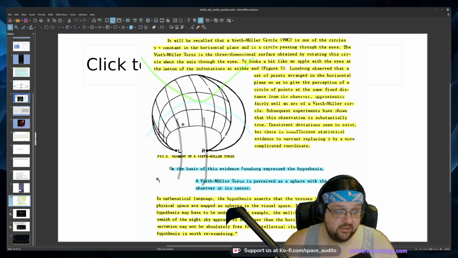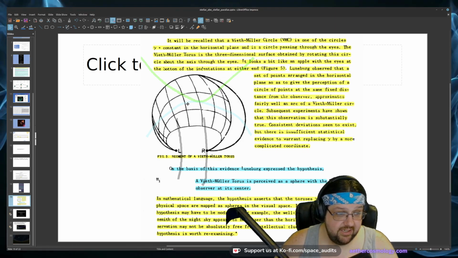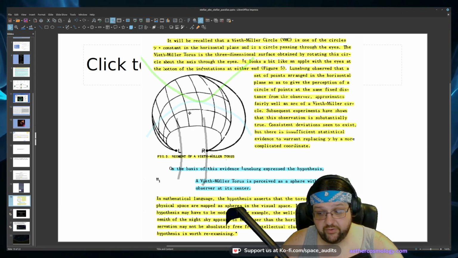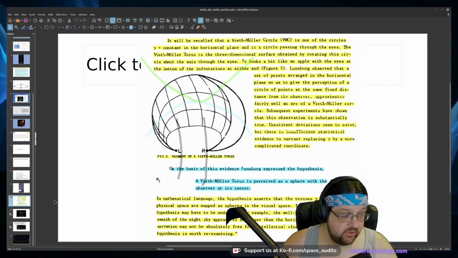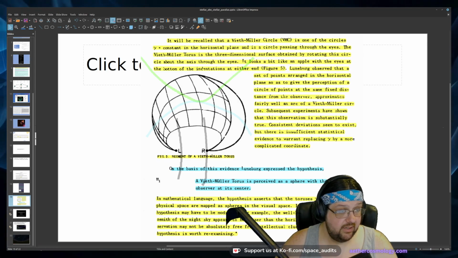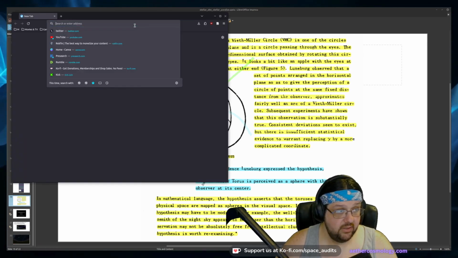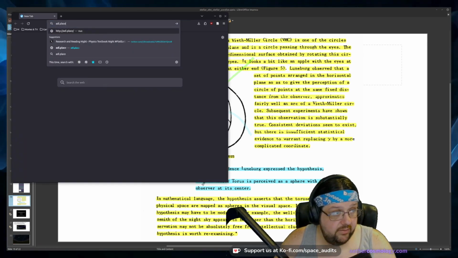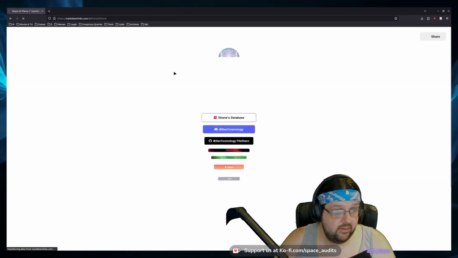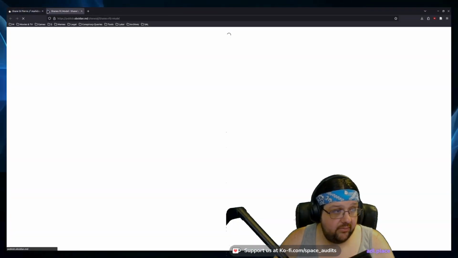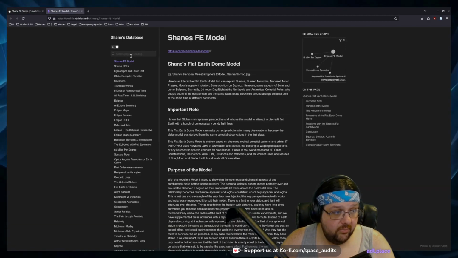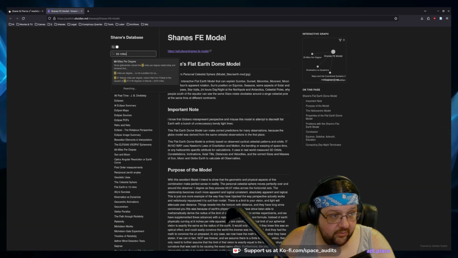So you see little latitude, longitude lines, and this creates a near field and far field, which has different optical compression rates. To learn more about that, I definitely recommend going to adl.place and going to Shane's database and learning more about 69 miles per degree.